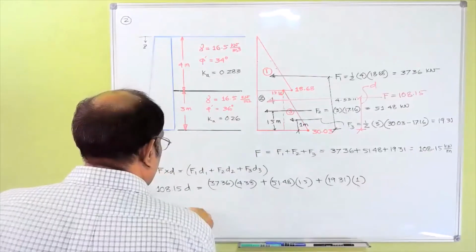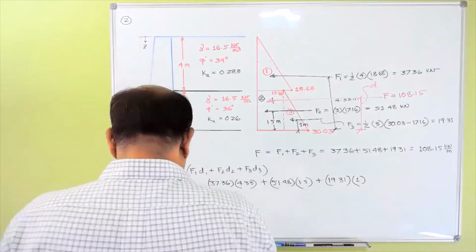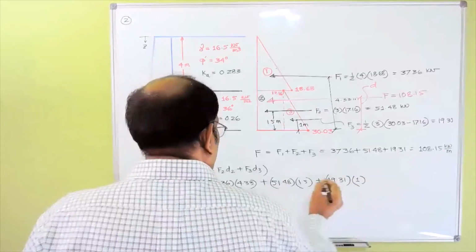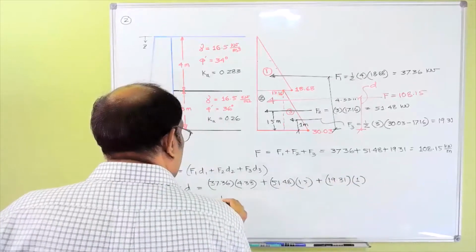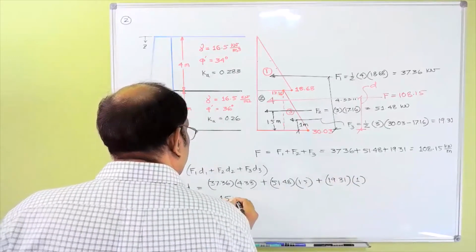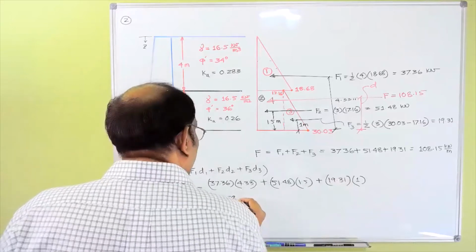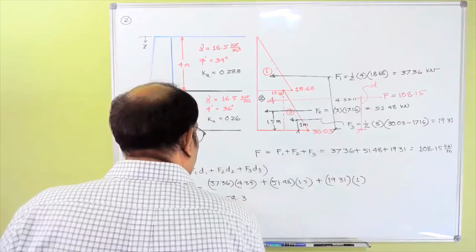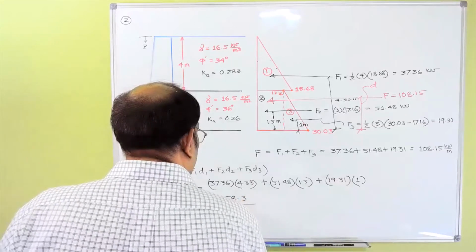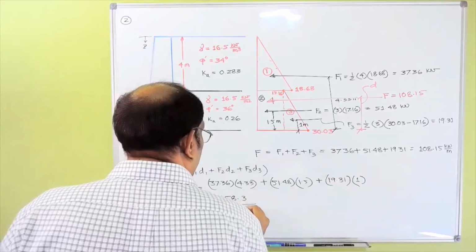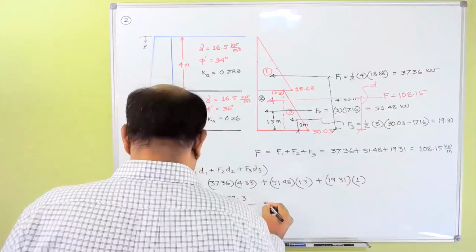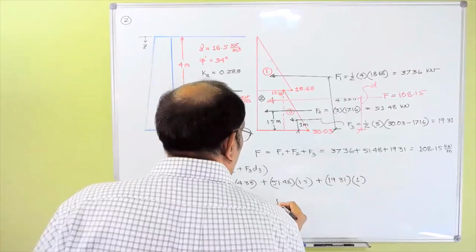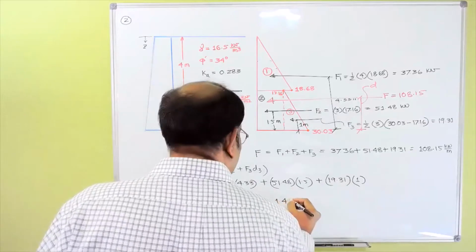So your D is basically, if you add all of them, that's 158.3 divided by 108.15. So this one is 1.46 meter.